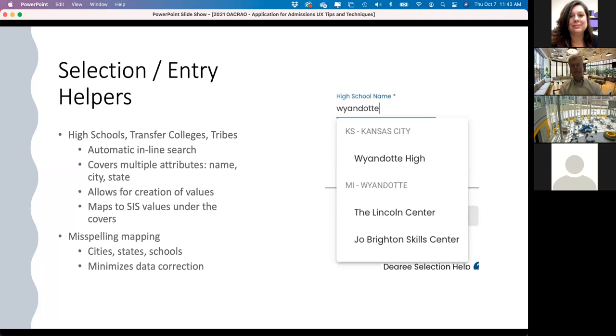No registry of schools is perfect, so we pull in the complete list of high schools from the Department of Education each year and include that as the selection. So we know the city, the school, and the addresses. But a lot of times they may need to type in their own, so how do you do it in a very natural way?